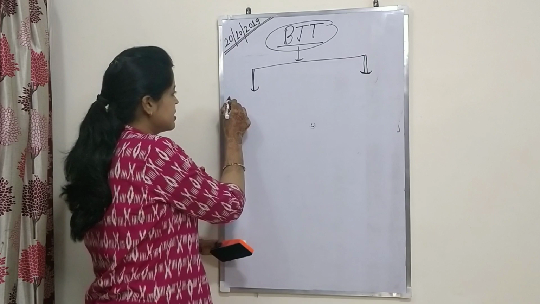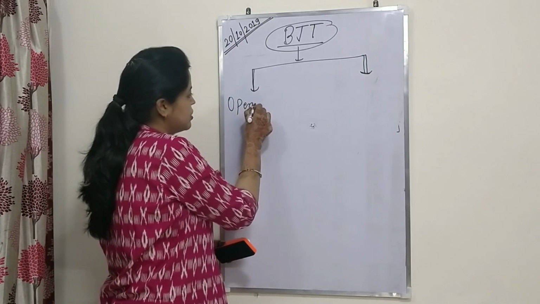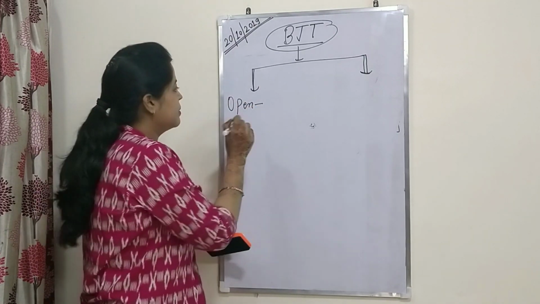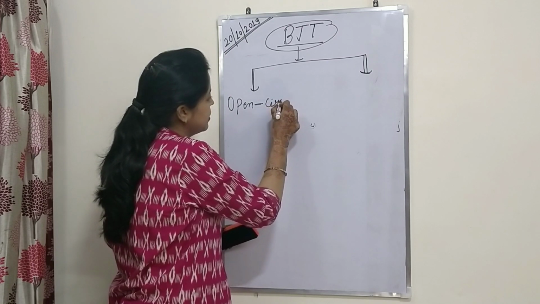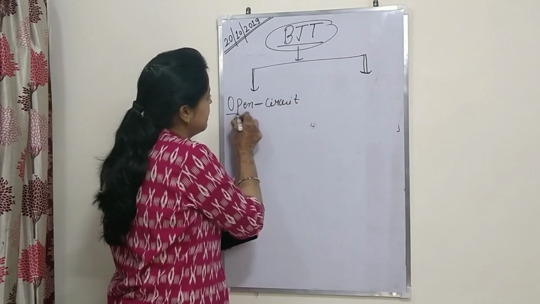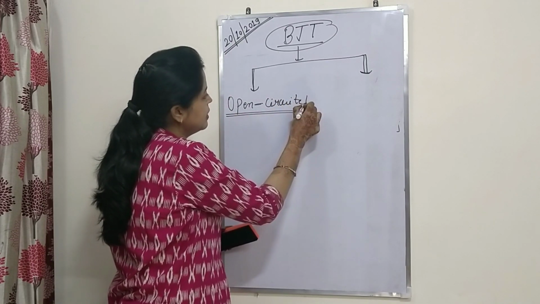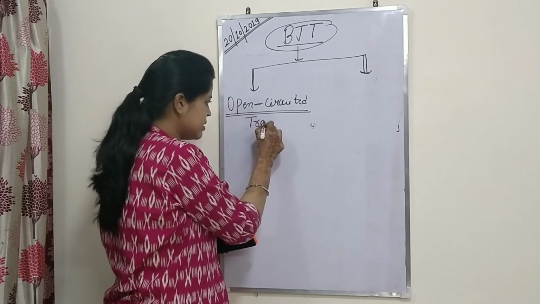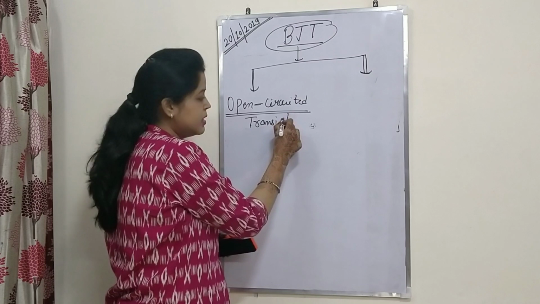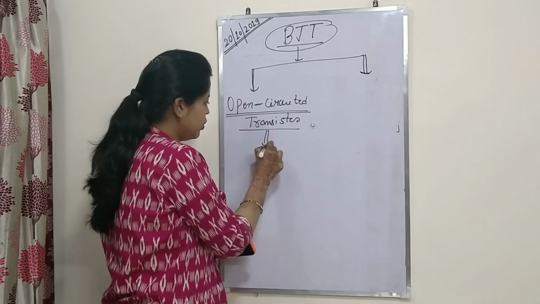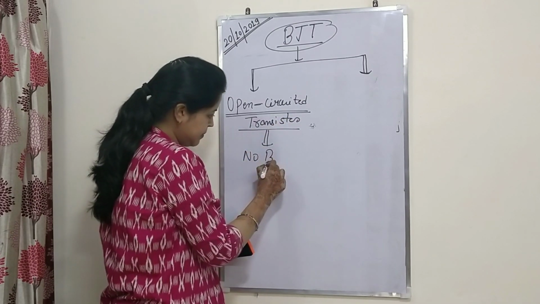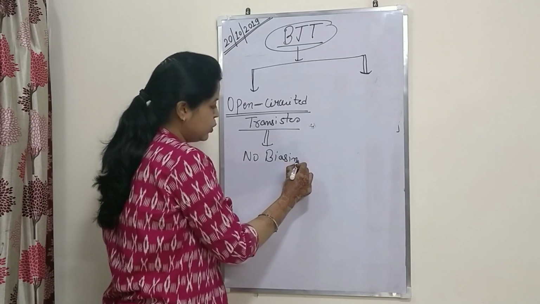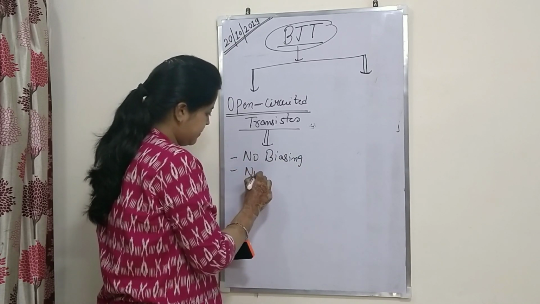The first is if the transistor is without any biasing, that is, an open circuited transistor. Open circuited means no biasing, no supply.